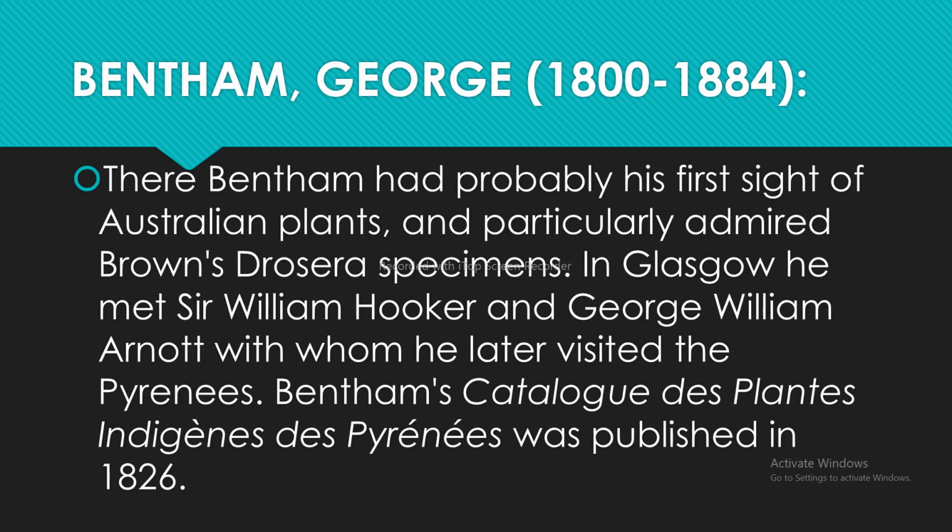Bentham had probably his first sight of Australian plants and particularly admired Brown's Drosera specimens. In Glasgow, he met Sir William Hooker and George Walker Arnott, with whom he later visited the Pyrenees. Bentham's catalogue, Catalogue des plantes indigènes des Pyrénées, was published in 1826.